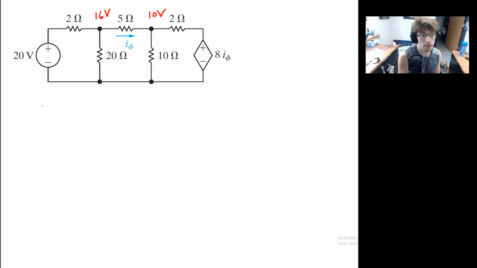For example, the current through the 2 ohm resistor is 16 minus 20 divided by 2, right? This was VA minus 20 over 2, so this would be negative 2 amps. That should make some sense. We called this bottom branch ground.